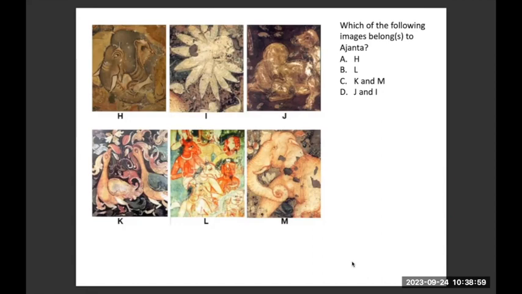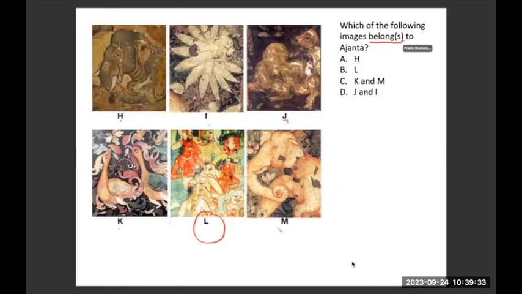In this case, L is the only one which is looking drastically different in terms of the strokes, in terms of the line, in terms of the forms chosen for the painting, because they are very abstract. They're not real. Versus K, M, J, I, and H are the ones that are more associated with realistic scenarios. In this case, one or more options are possible. I forgot to mention that.